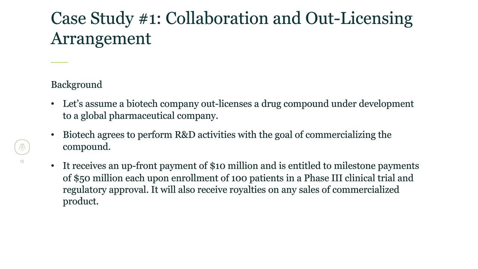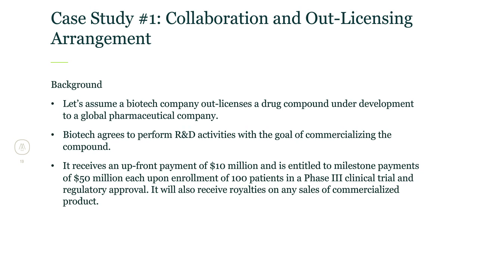All right. So let's assume that a bio company out-licenses a drug compound under development to a global pharmaceutical company, right? So you're out-licensing it to Big Pharma. Secondly, you agree to perform development activities with the goal of commercializing this new drug compound. So what you'll receive under this collaboration agreement is an upfront payment of $10 million, and you're entitled to a milestone payment of $50 million upon enrollment of 100 patients in a phase 3 trial.